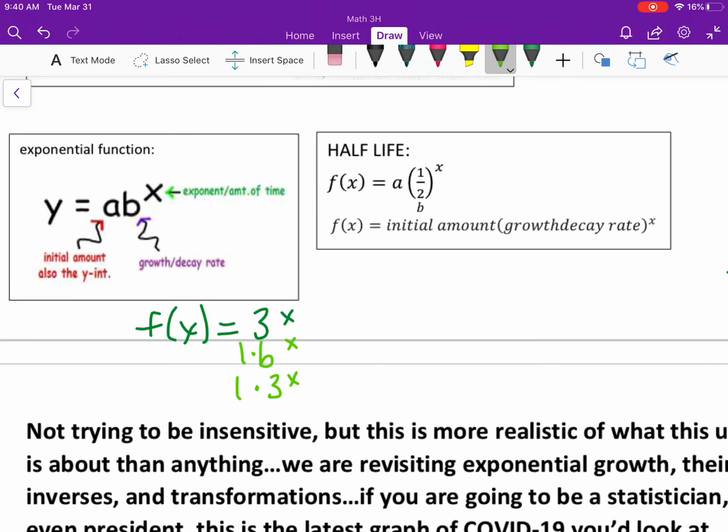This section also talks about half-life. This is where you drink a Monster and it shows how long it takes for the caffeine to get out of your body. Or carbon dating. Any of you that have done earth science, biology, chemistry, even physics, you should know about what half-life is. It should have been explained to you.